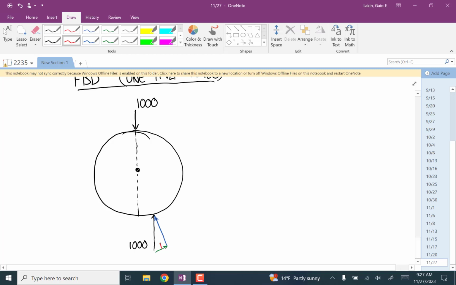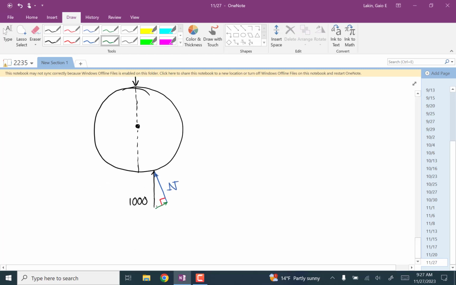So these two are perpendicular. This one is the normal force. The green one is the friction force, so that's 0.05 times the normal. The angle that we want is both of these two thetas.